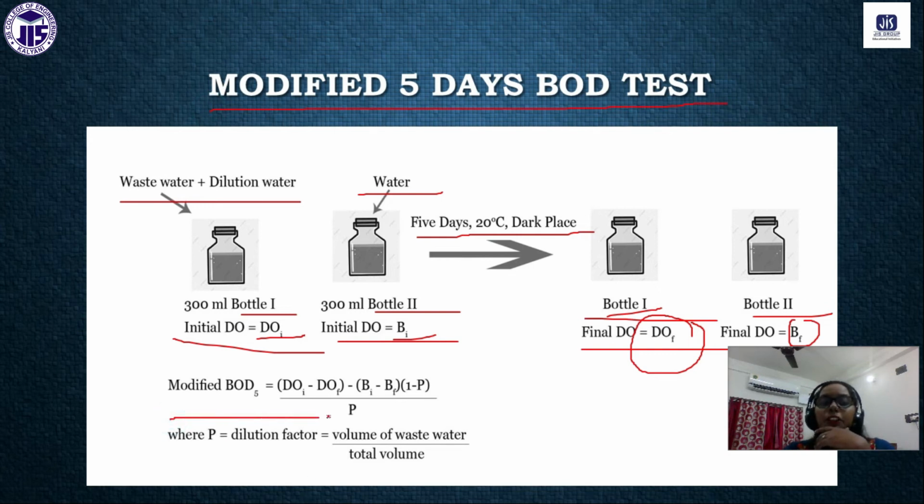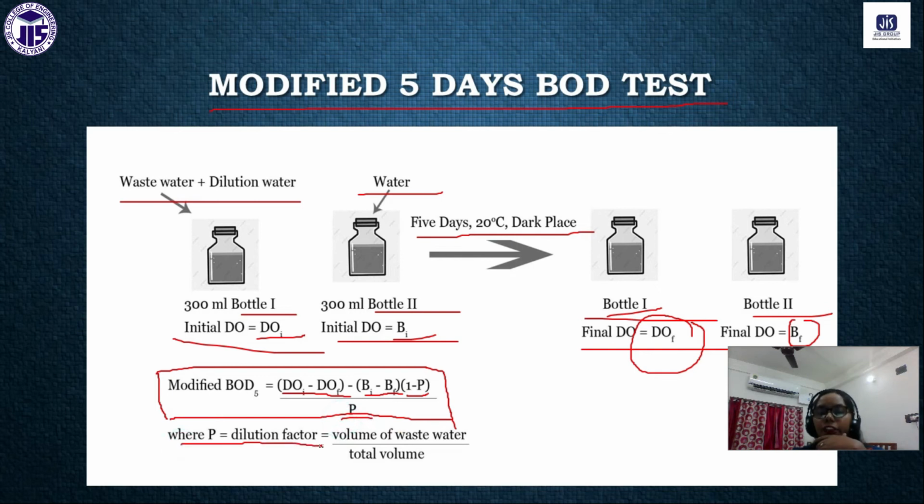Now the BOD5 will be, look at the equation. This is the whole equation of the BOD5: BOD5 equals (DOI minus DOF) minus (BI minus BF), into (1 minus P) divided by P, where again P is the dilution factor.